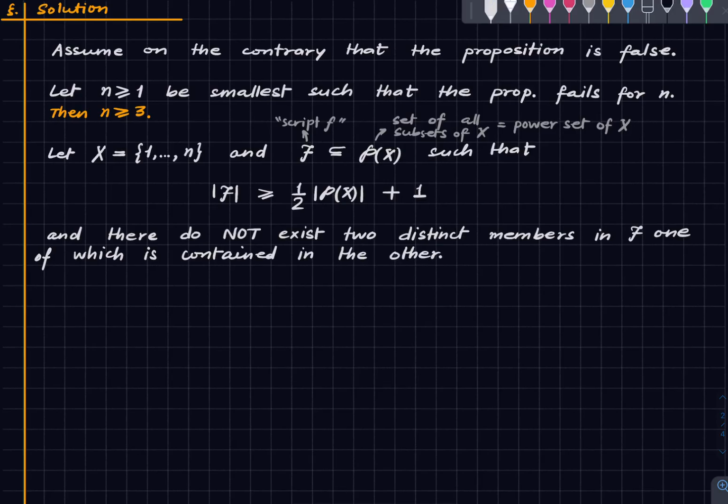So in short, all we have said so far is that this was the smallest positive integer for which there was a counterexample. We have just fixed a counterexample, that's all. That counterexample is F.